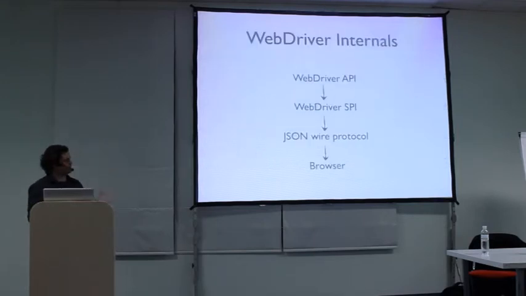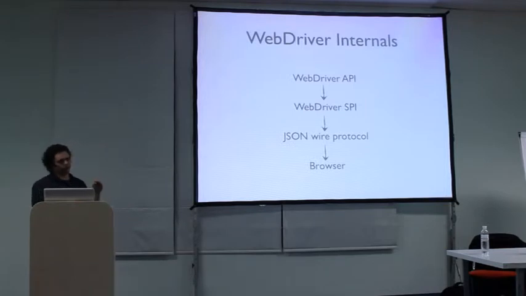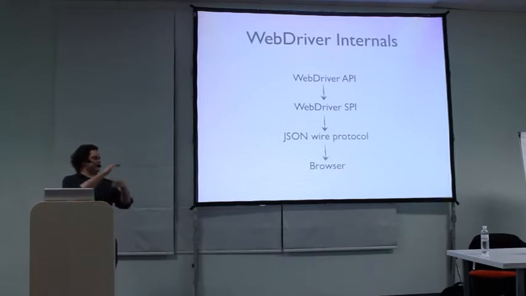So internally, WebDriver is sort of comprised of 4 layers. We've already seen the API. Underneath the API sits a service protocol interface, which is basically a set of command and response mappings. Basically, it's the object-oriented API flattened out into a procedural API.